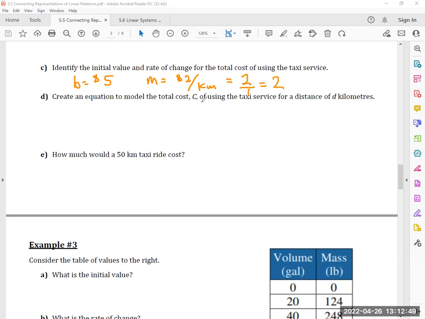Create an equation to model the total cost. Remember, that's my Y. If I travel D kilometers, Y equals mx plus b. Cost equals 2 times the distance traveled plus 5.